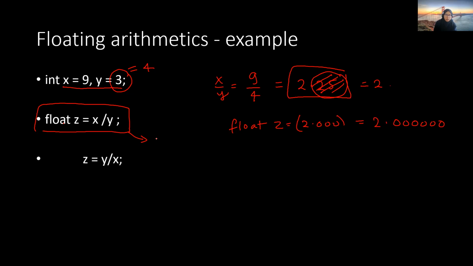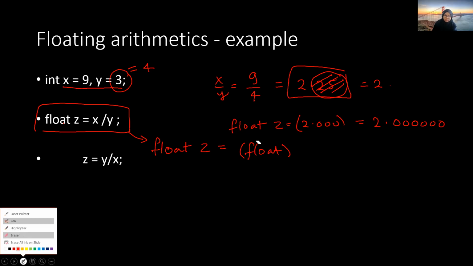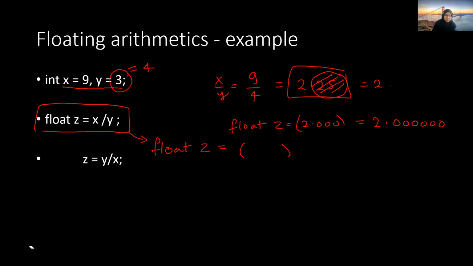You say float z equals, with the float operator, which looks like a parenthesis, float of x over y.